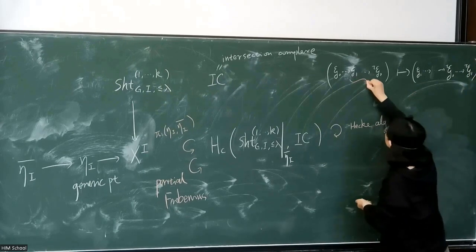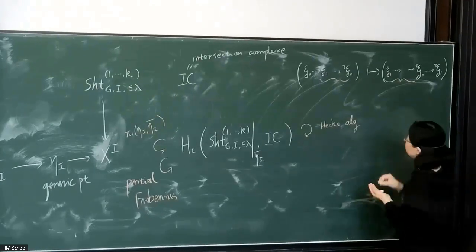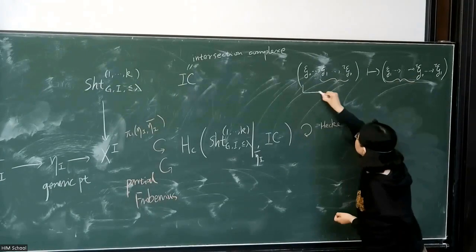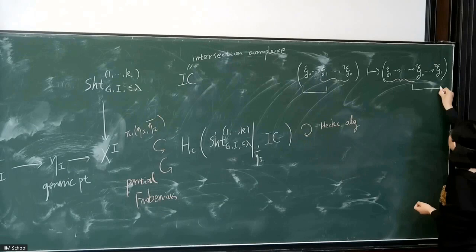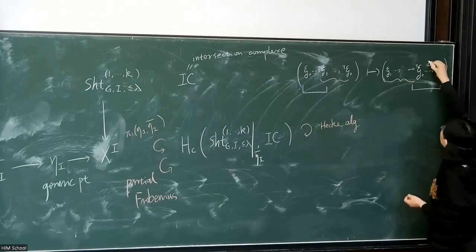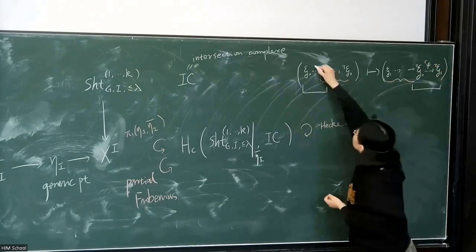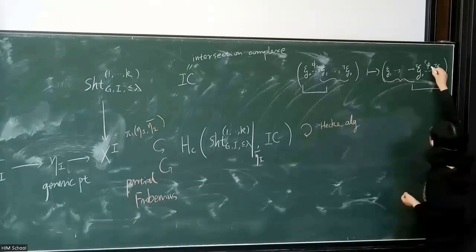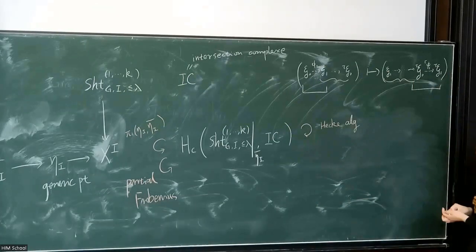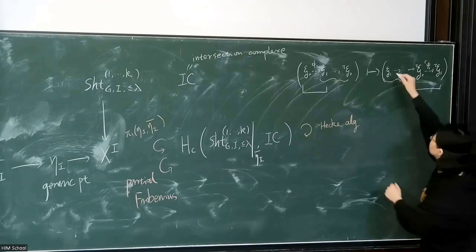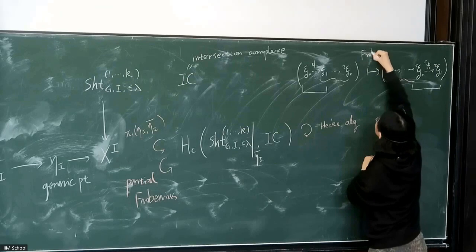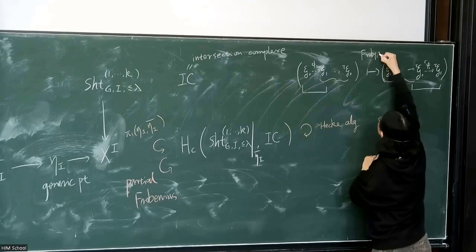So this part you keep, but this part you put it here, but you put Frobenius on everything. And the good thing is that this is Frobenius for the first leg.